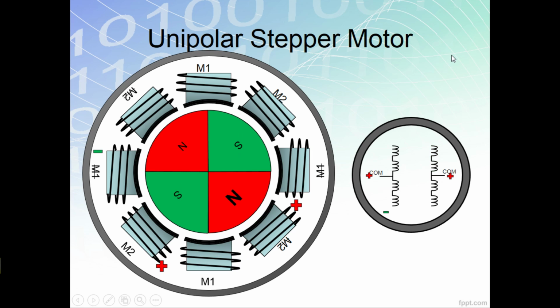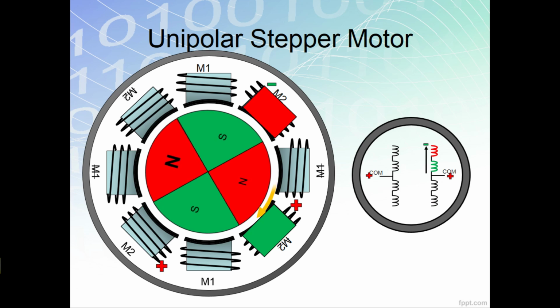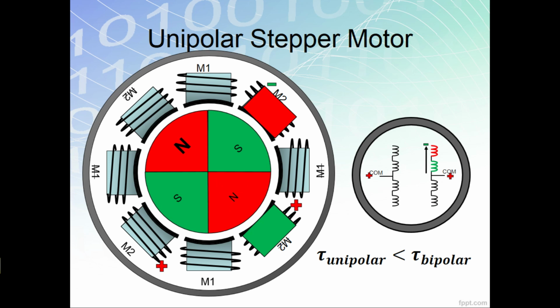Doing the same thing all over again will make the stepper motor rotate until it reaches 1 revolution. So, based on what we have seen, since there is only one force of attraction and repulsion per iteration in the unipolar stepper motor, it is expected that the torque in the unipolar is less than the torque of the bipolar.